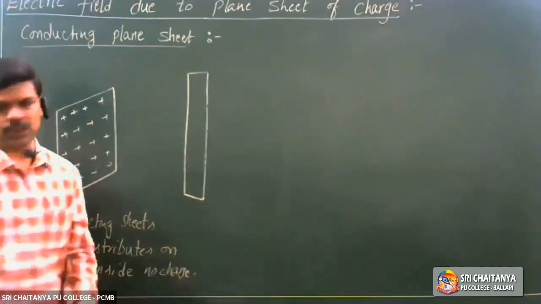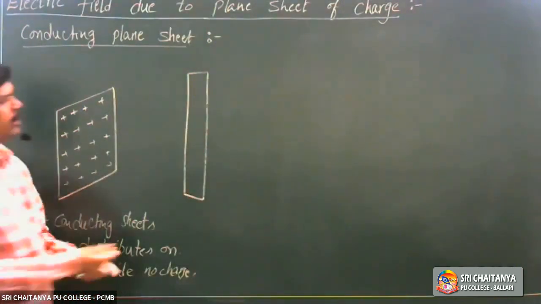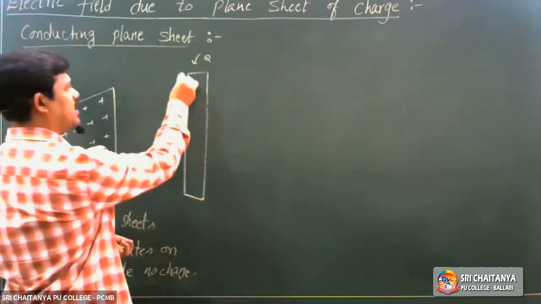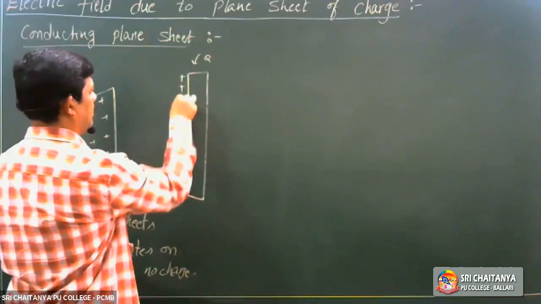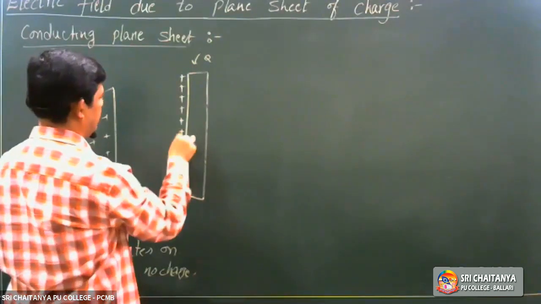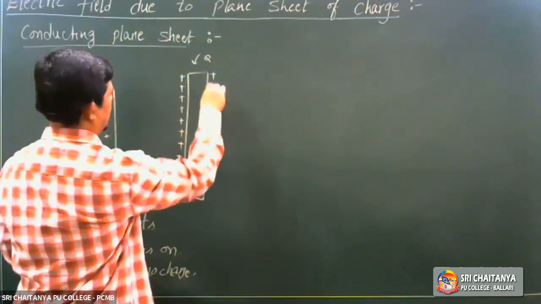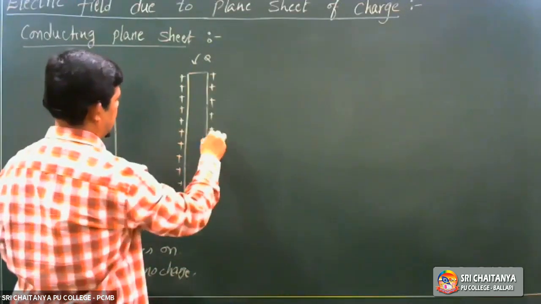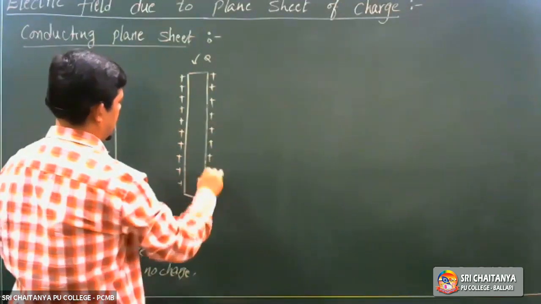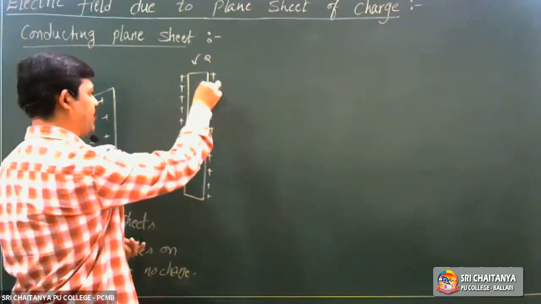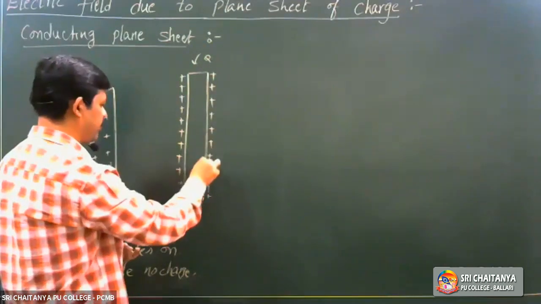Whenever I give charge to the body, that charge spreads on the surfaces, like this. On this surface and this surface, there is spreading of charge.